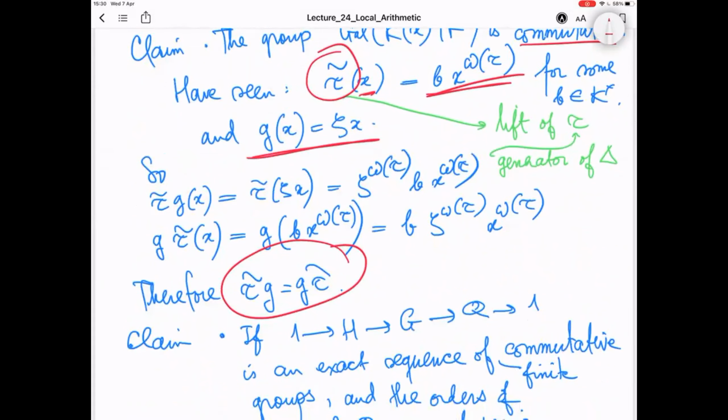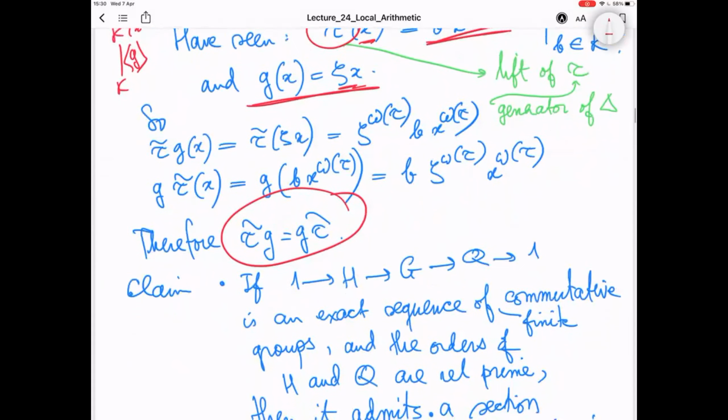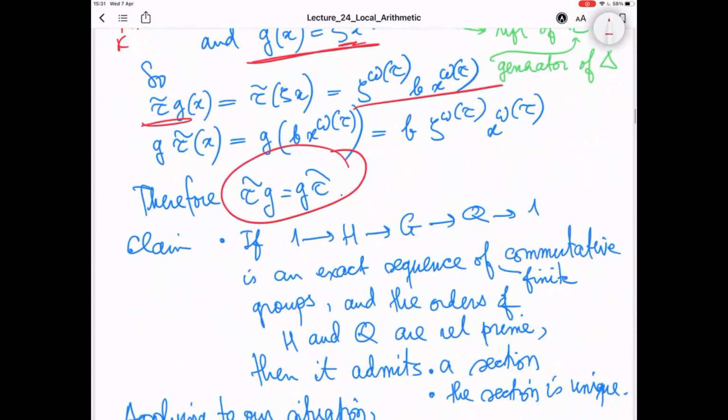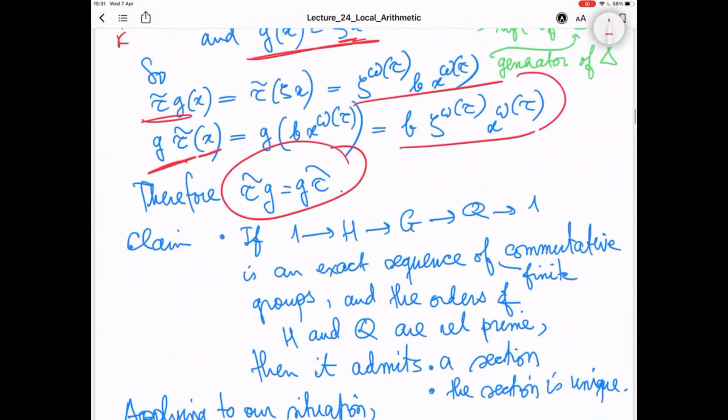And K_x over K is generated by some G, which takes x to zeta times x, right? Now you compute tau tilde composed with G. What does it do to x? This is what you get. And you compute G tau tilde, what it does to x, you get this thing. And you just compare these two expressions and you'll conclude that these two commute.